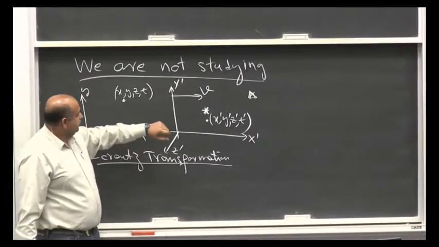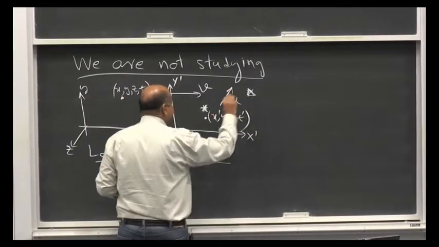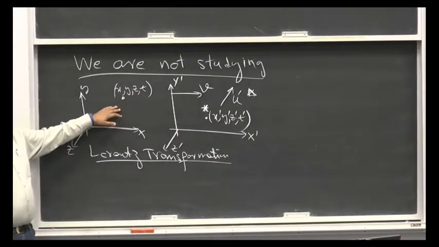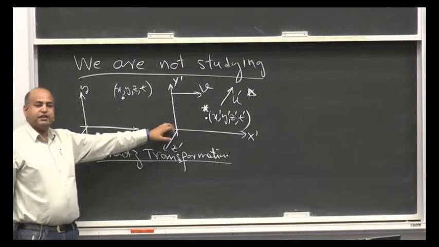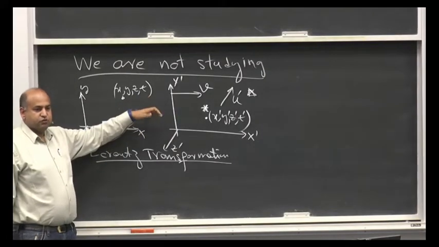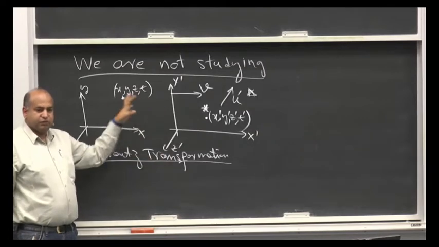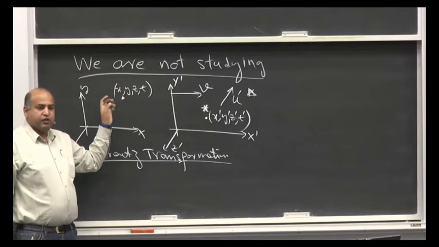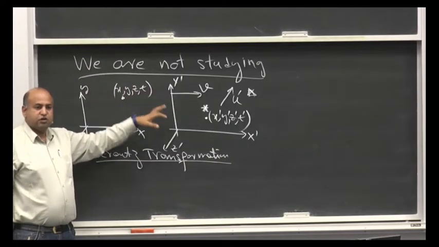And also, what if something is moving with some velocity u here? What's its velocity here? Or what's the law of velocity transformation corresponding to the Galilean addition of velocity law? There's a slightly complicated velocity transformation law to transform velocities from one frame to another frame. And we are also leaving out that, and a lot of physics that is connected with Lorentz transformation.